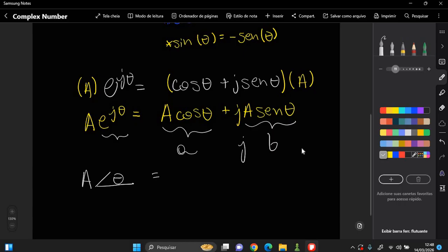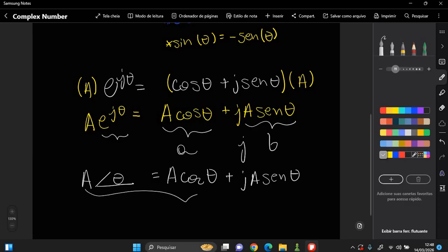And that is equal to a cosine theta or b sine theta. Sorry, a sine theta.